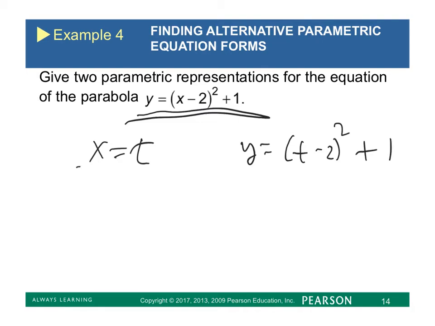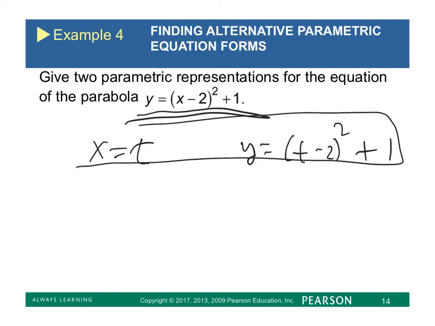So this set will give you the exact picture that this is, which is just a parabola shifted to the right 2 and up 1. It's a parabola that goes something like that. Okay? Well, try this out. It should make the same picture in parametric mode.